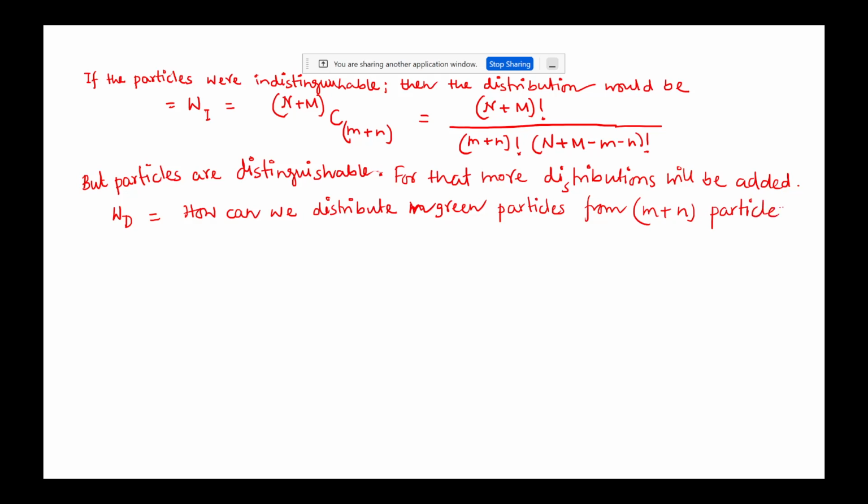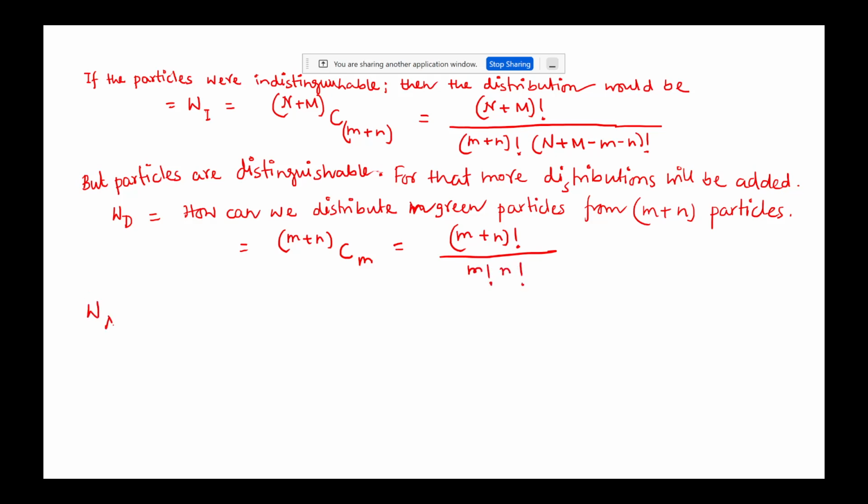Since these are red and green particles only, choosing n green particles from m plus n particles means choosing m red particles from m plus n particles. That is actually m plus n C m, meaning m plus n factorial divided by m factorial n factorial.